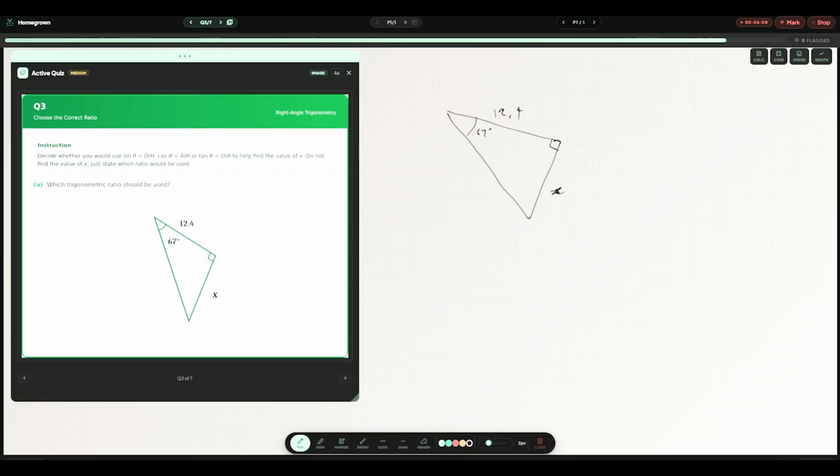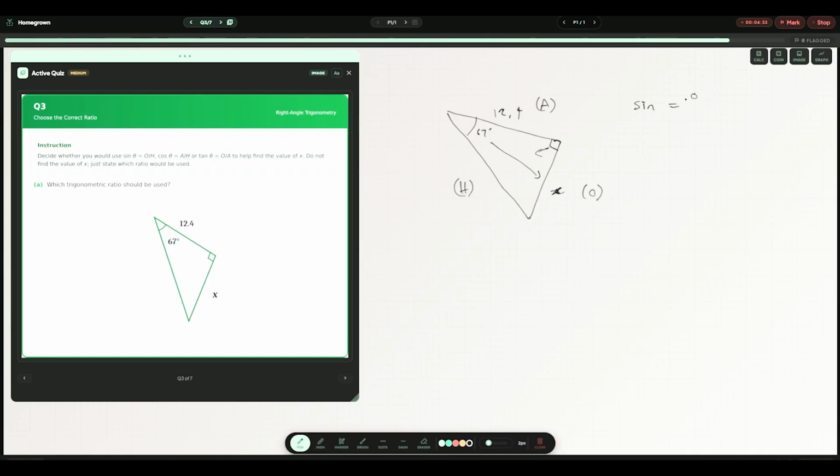For this one here, again, we're going to label each side. So if this is opposite, then this gets an O. And what else do we know? We know that the side opposite the right angle has to be our hypotenuse, and we don't have it. And we know that this side here, if it's not our hypotenuse or our opposite, has to be our adjacent.